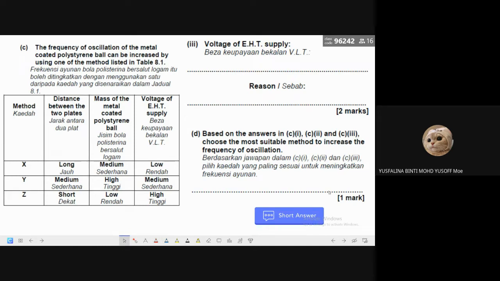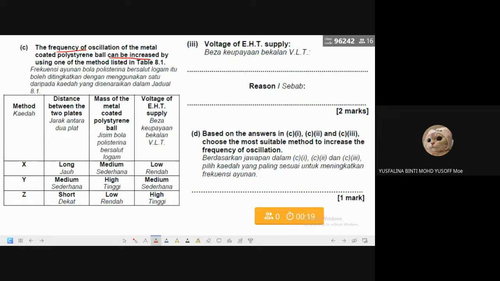Or this one, you already see the question, is it? Okay. So for this one, the last one, you need to choose which one, right? So actually, based on the two characteristics we chose before, we already know which one we need to choose. So find the keyword here. Okay. Frequency of oscillation can be increased.